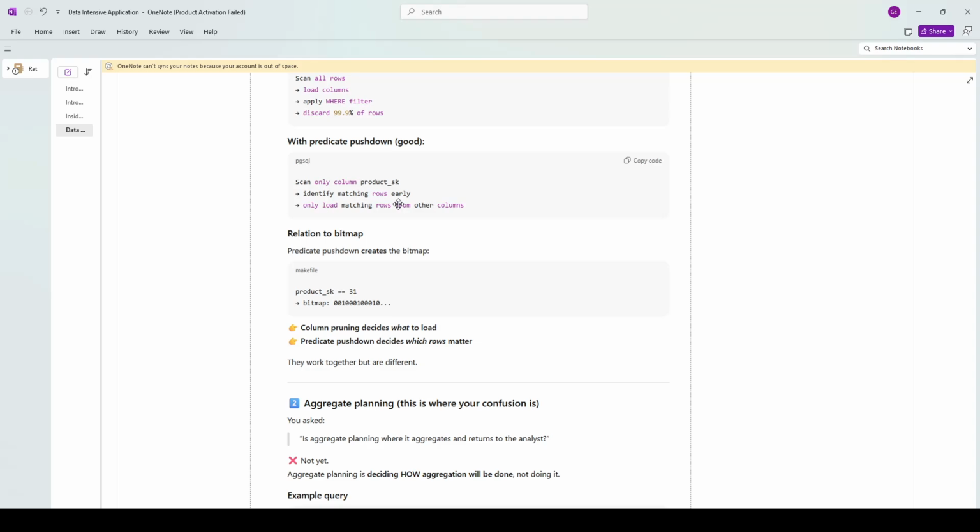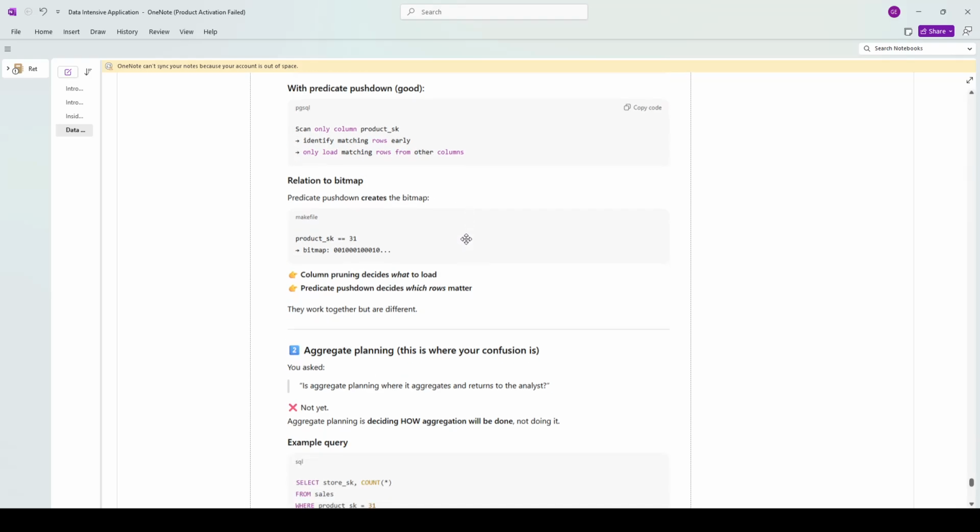It means once you get it, like if equal, return, and only load matching rows from other columns. Relation to bitmap: predicate pushdown creates the bitmap. product_sk == 31, bitmap: 0010001000010... So what makes the bitmap used for RLE encoding is actually the predicate pushdown.